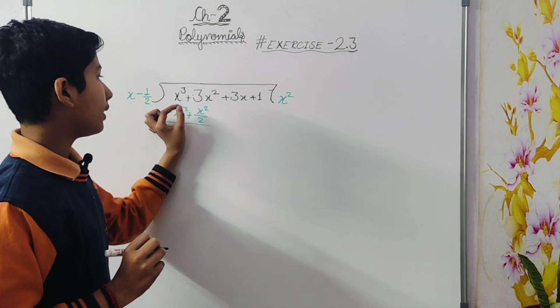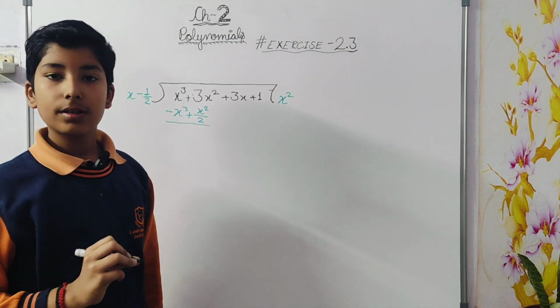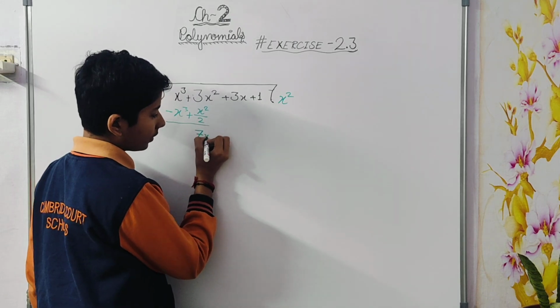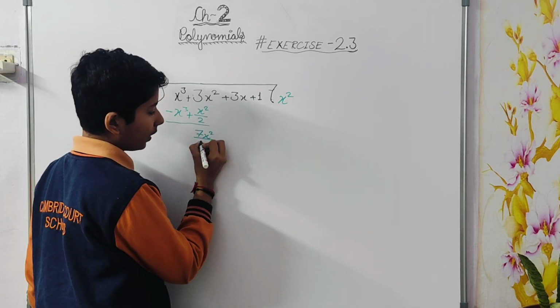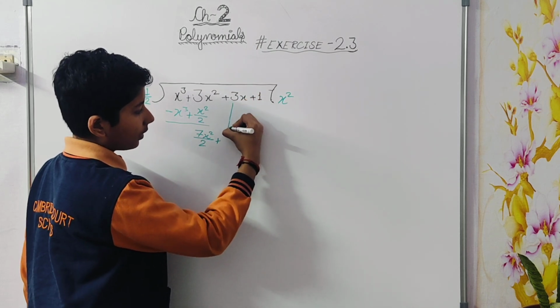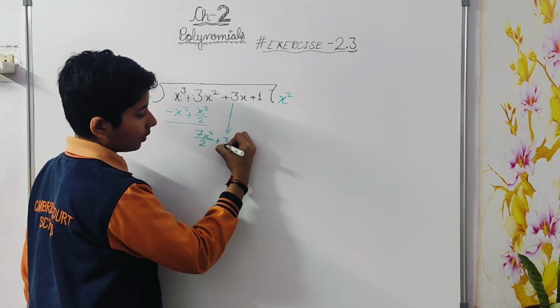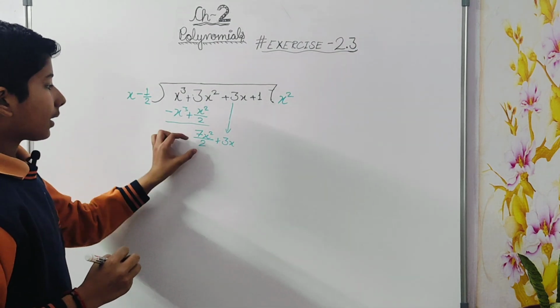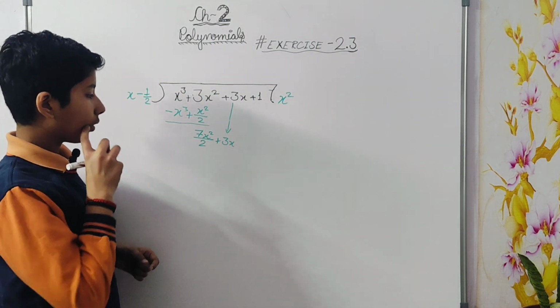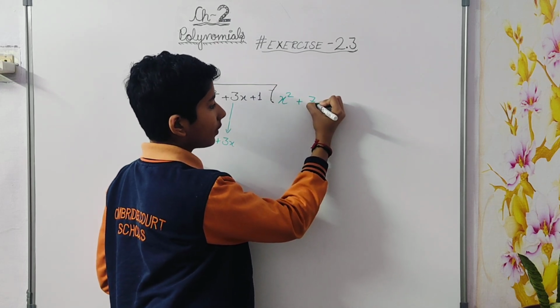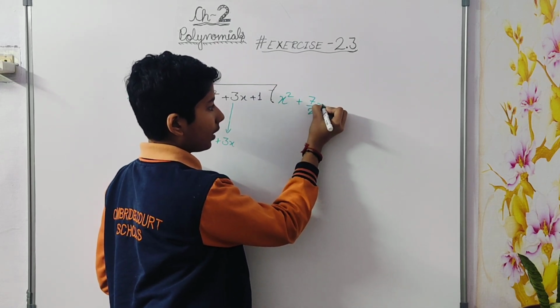So if you add 3x square and x square by 2, it will be 7x square divided by 2, plus we'll bring this 3x down. Now to make 7 by 2 x square, we will require 7 by 2 x.